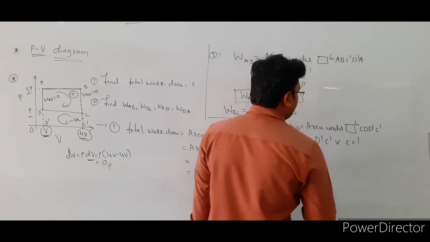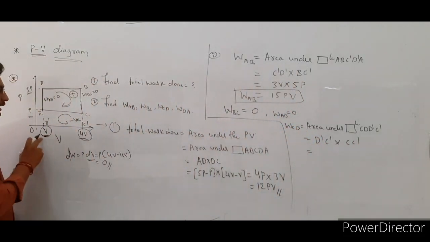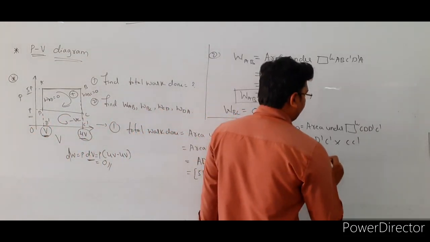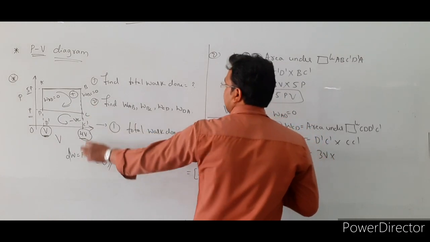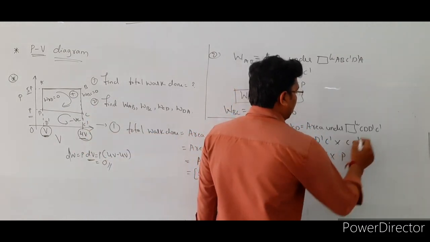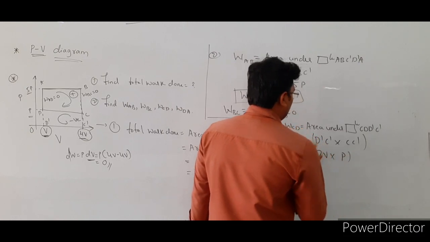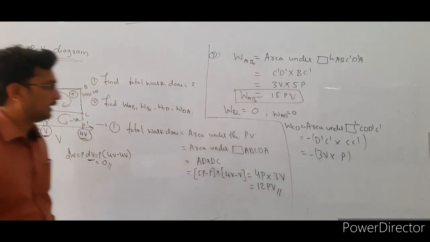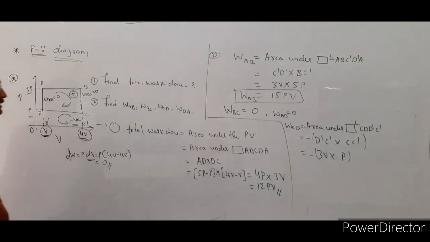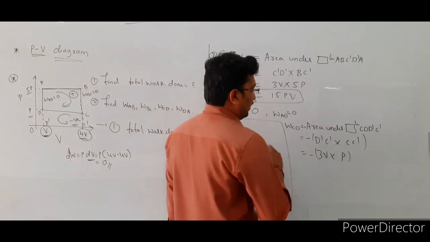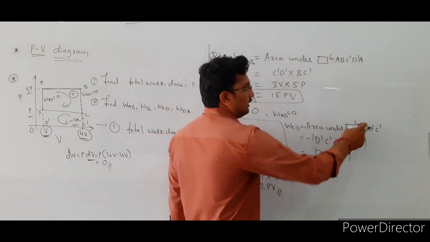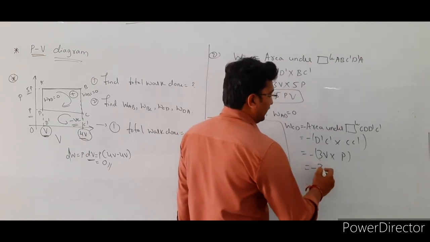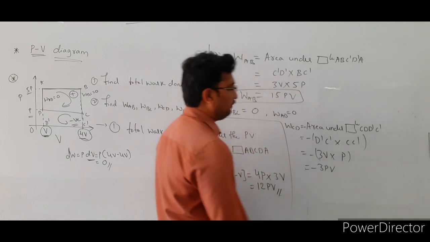D dash, C dash value is 4V minus V, that is 3V, into C, C dash value, that is P. In this case the value is negative because it is in the anti-clockwise direction. So it is taken as negative. Then the work done is the negative area under this rectangle, that is minus 3 PV.